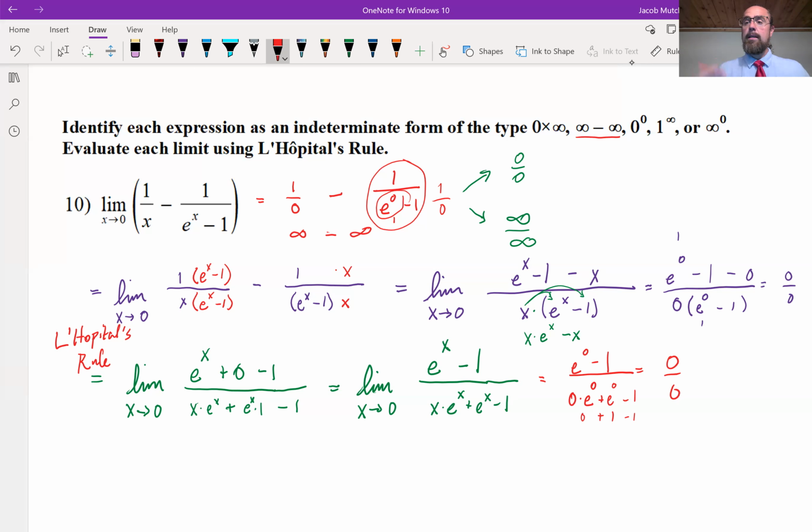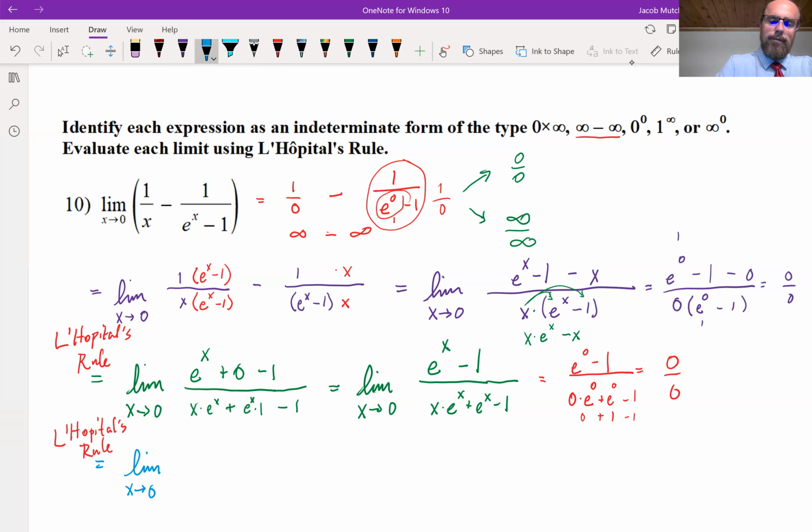But remember, I can keep applying L'Hopital's rule. So I'm going to write again here that I'm going to apply the rule. So again, I'll put that this is equivalent to the limit as x approaches 0 of now the derivative of this one in green.